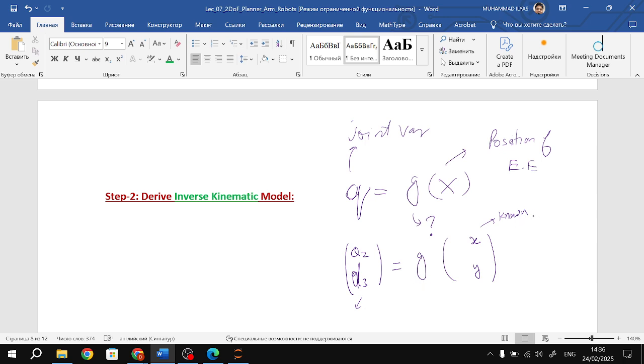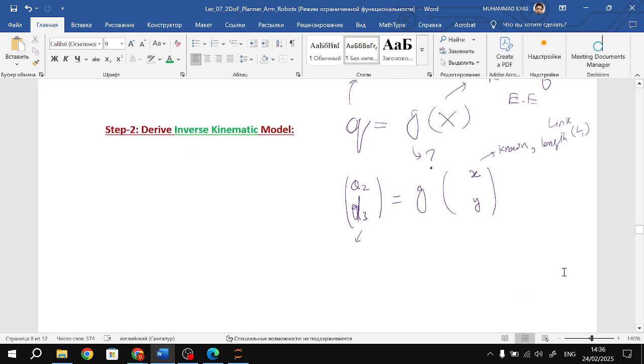Also we know the link length L1, because that is fixed. So L1 we know, and we have to find these variables. What method did we study last time for inverse kinematic, if you remember? Yes, the graphical geometric method, right?